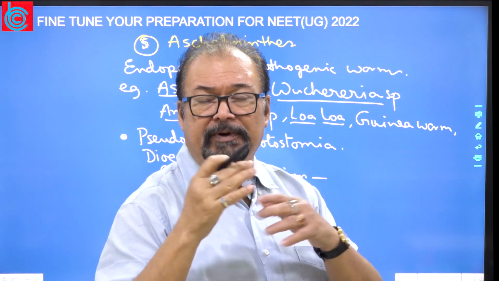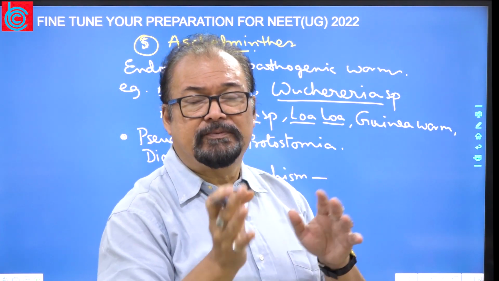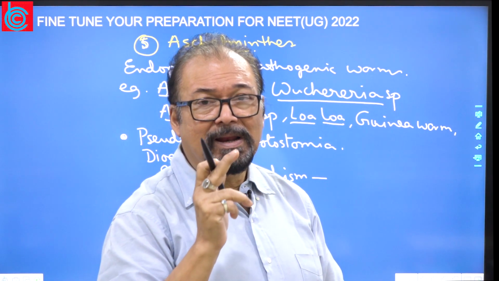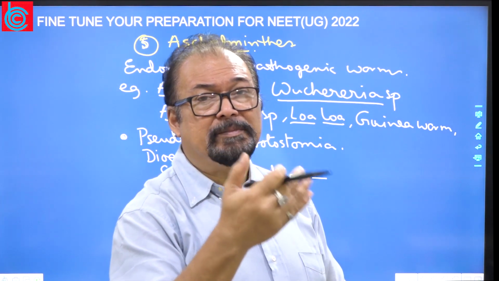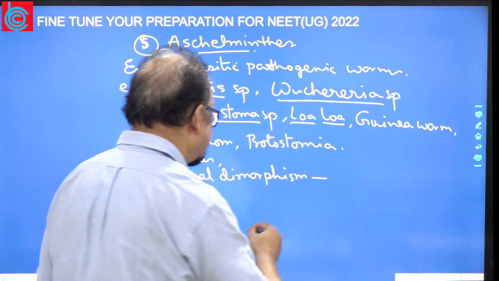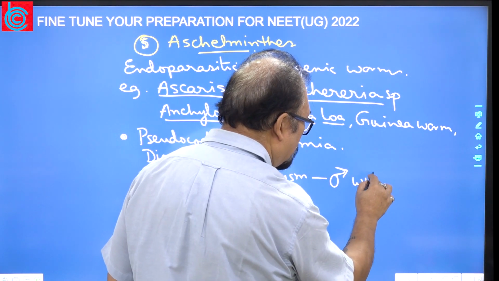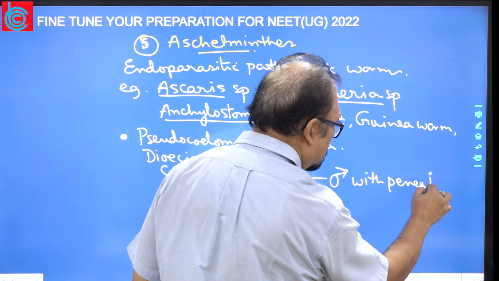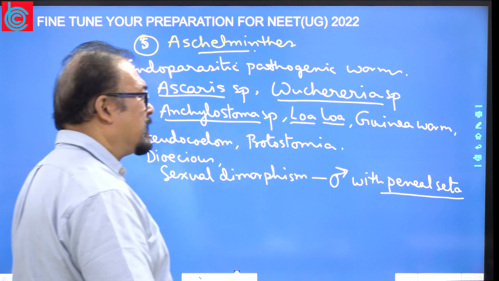Dimorphism means two different morphological characters in the male and the female. So male can be distinguished from the female. Which character is present here? The male has penial setae to transfer sperm, comparable to the penis of higher animals. So sexual dimorphism, male, it is a male sign with penial setae, to transfer the sperm.